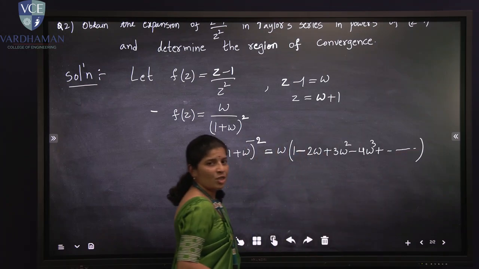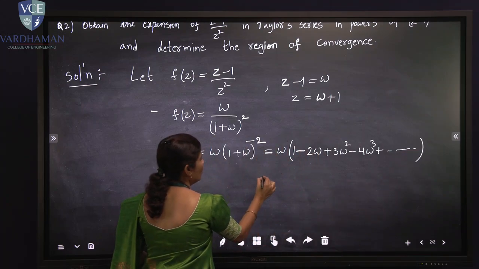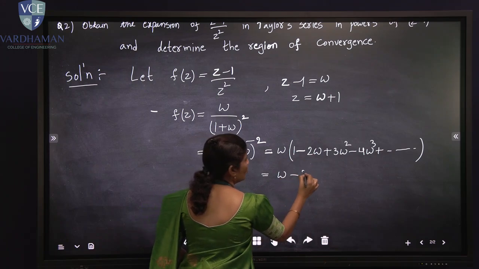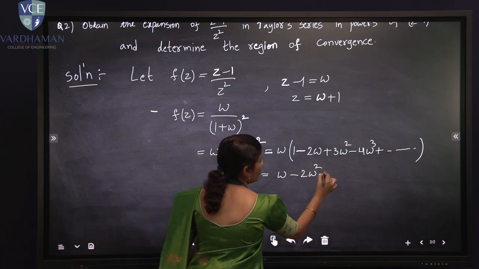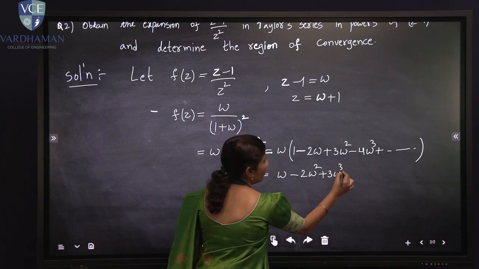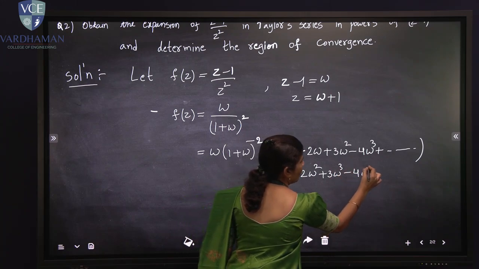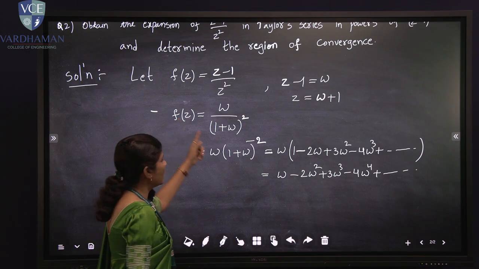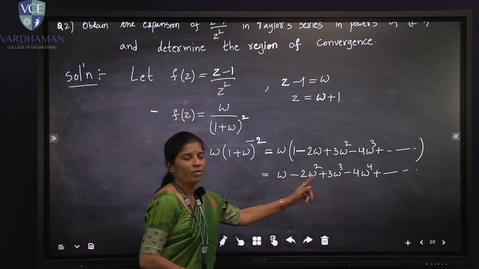Now this expansion we multiply with w, that is w into 1, w, minus w into 2w, 2w square, plus 3w cube, minus 4w power of 4, plus so on. And this is the f of z expansion in powers of w.